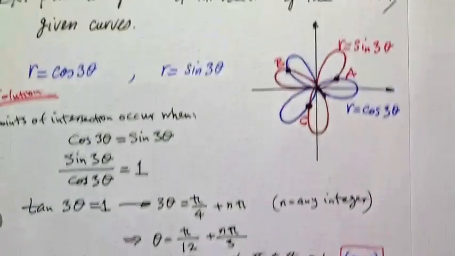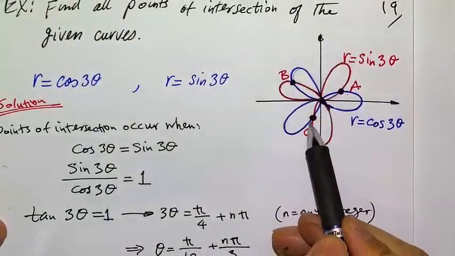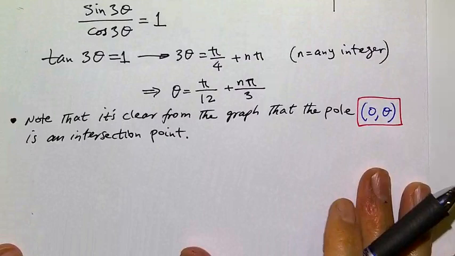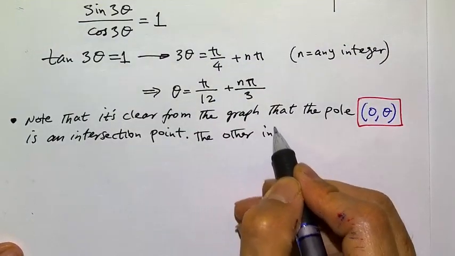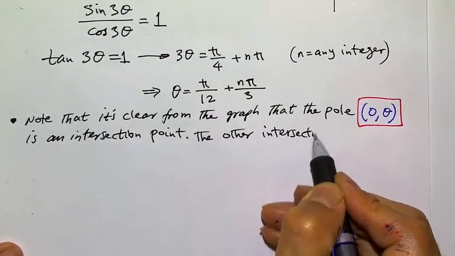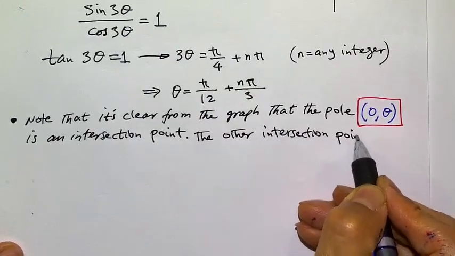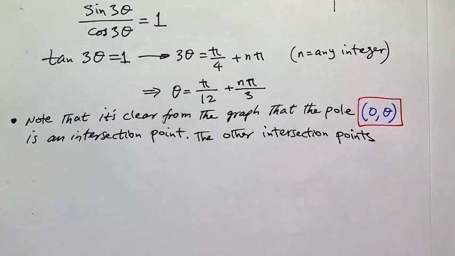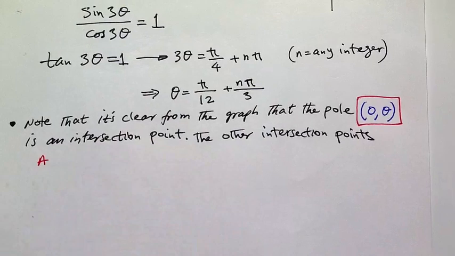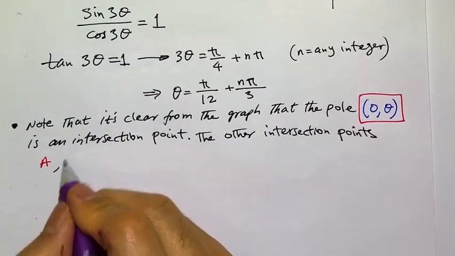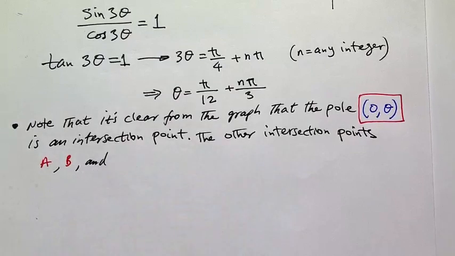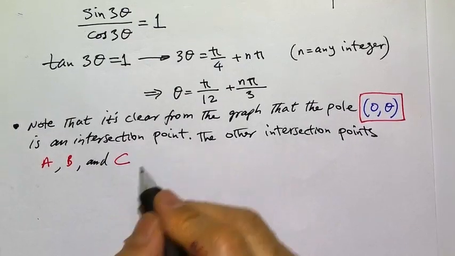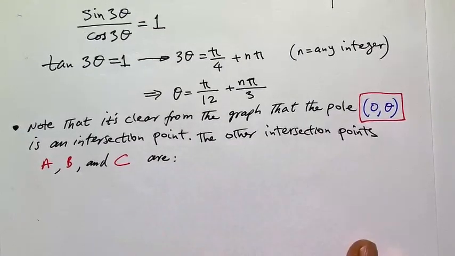So the other intersection points A, B, and C are as follows.